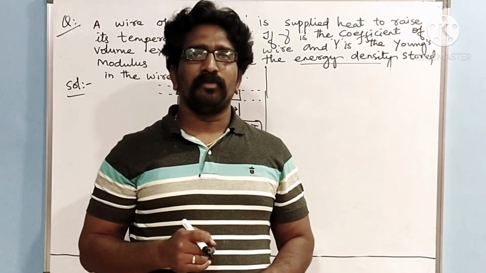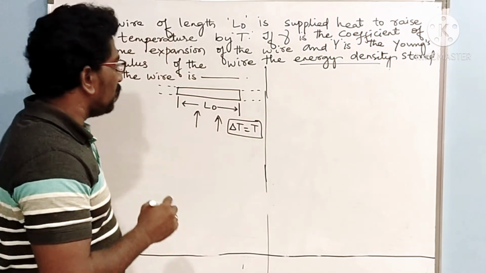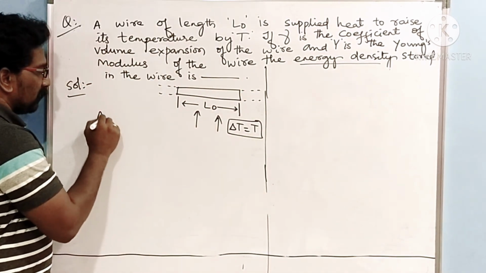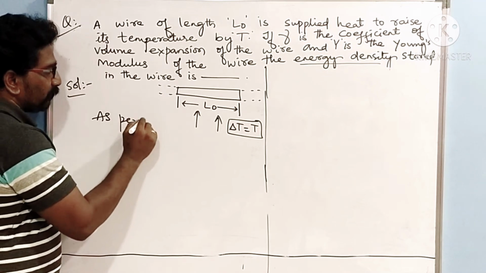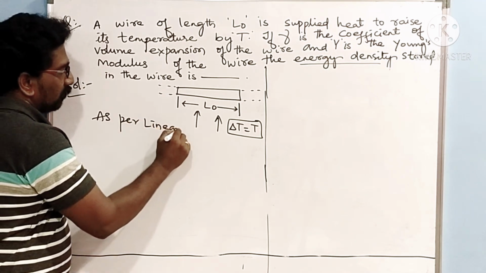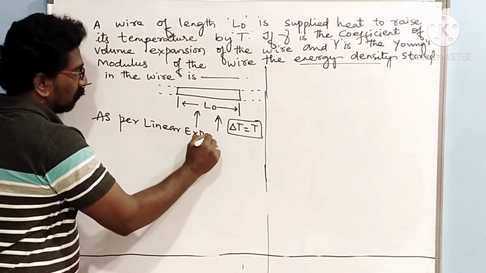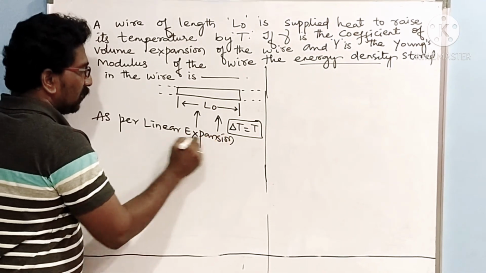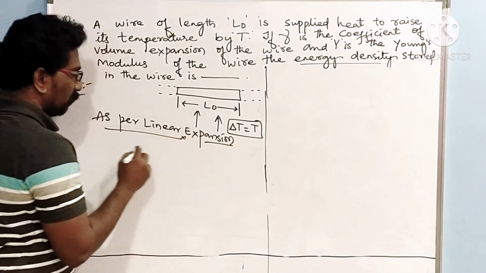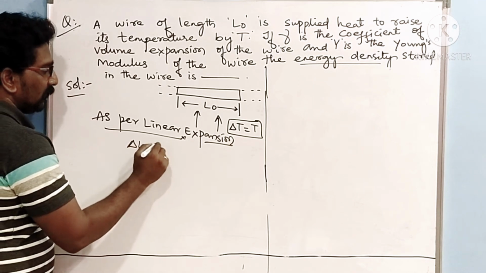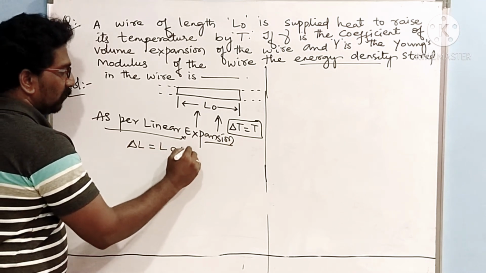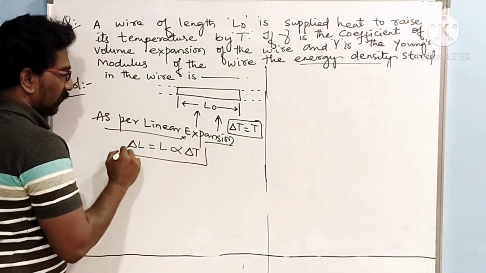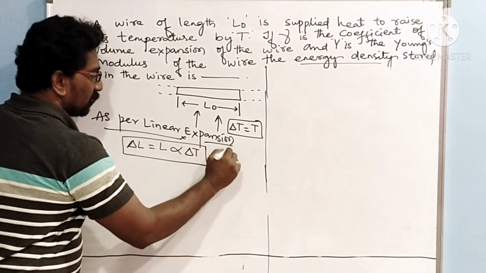So we know the formula for the linear expansion. As per linear expansion, the formula is delta L is equal to L alpha delta T. Let it be my equation number 1.